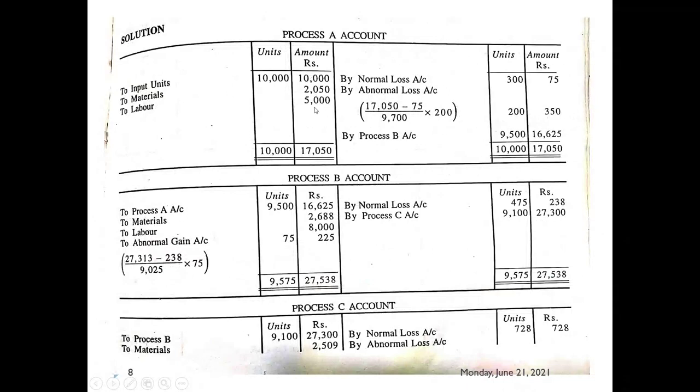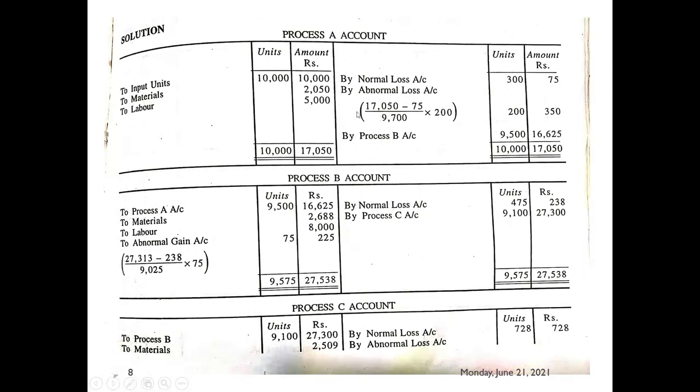Then material and labor on the debit side. By normal loss, how much? 3% of 10,000, so it will be 300. Again at the rate of 25 paisa per unit, so it will be 75 rupees.